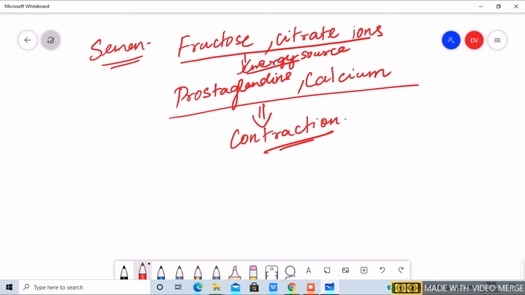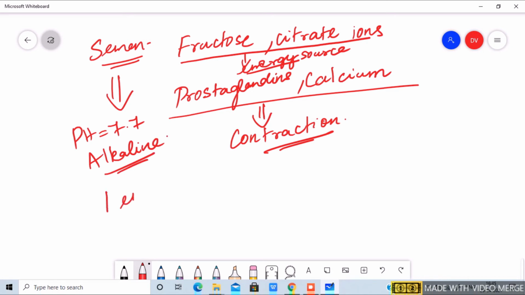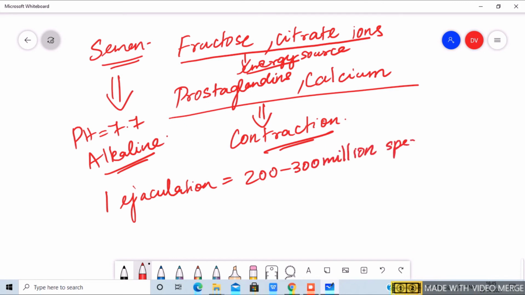And if you take semen, the pH of the semen is 7.7, which means it is alkaline, basic in nature. Alright guys, and normally in one ejaculation there will be around 200 to 300 million sperms. So this is the normal count of a healthy adult.